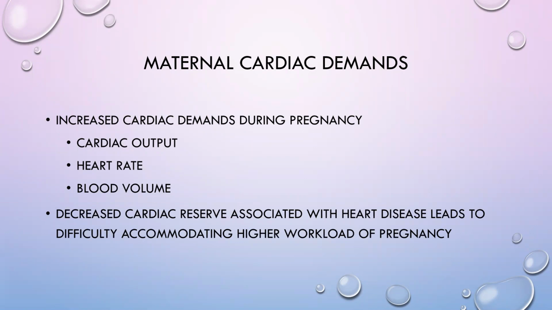The cardiac demands during pregnancy are greatly increased due to extra blood volume. Cardiac output has to increase, and the heart rate will also increase. So women with cardiac abnormalities or diseases have a harder time meeting the high workload that pregnancy demands.